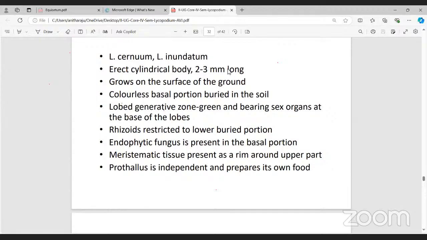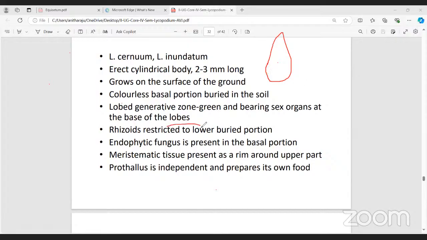Let's see an example. Erect and cylindrical, grows above the ground surface, colorless, basal portion buried in soil, generative zone green, with sex organs at the base of the lobes.